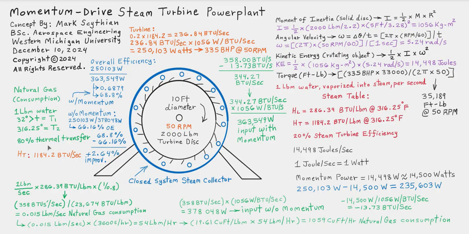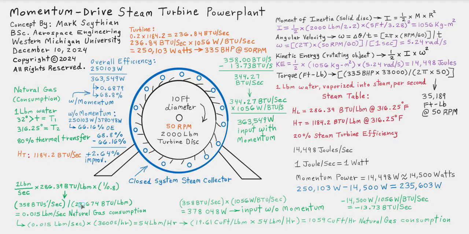So 80, we use the low value. So it's reciprocal, 1 divided into 0.8, then times the BTUs to vaporize 1 pound of water per 1 second, and then we're using 1 pound of water. So we end up getting 358 BTUs per second of natural gas combustion heat is required.